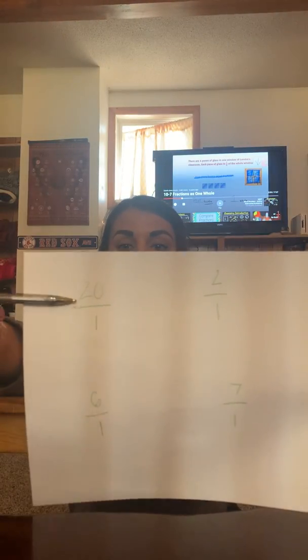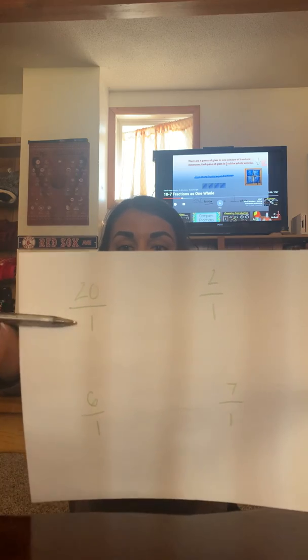What is the numerator? The top number. What's the denominator? The bottom number. So in these examples, what is my numerator? In this one right here, 20. And our denominator is 1. So if you have a numerator that's 20 and a denominator that's 1, that is going to equal a whole, okay? So that's going to equal itself.